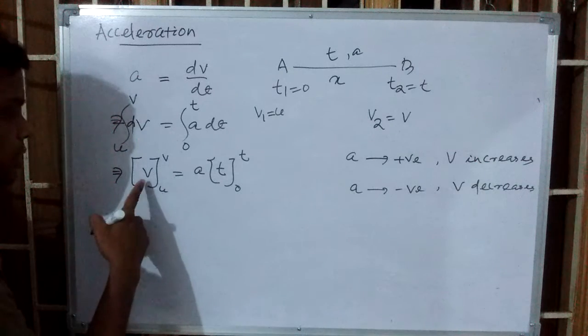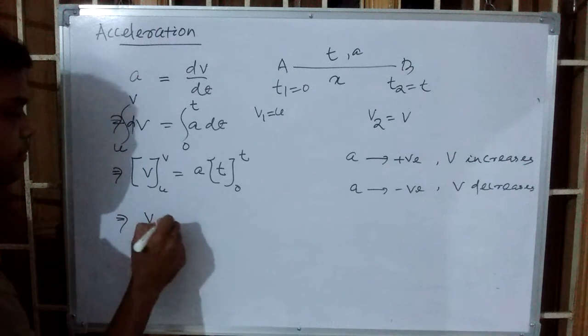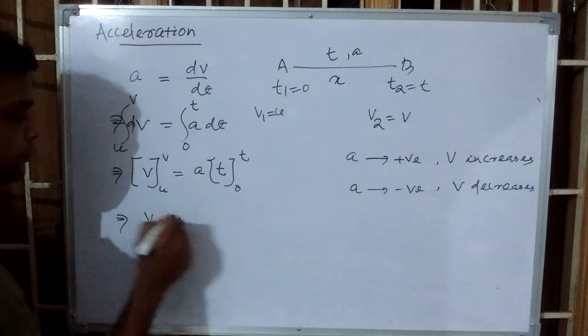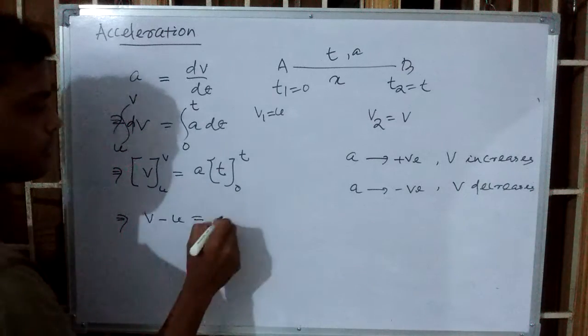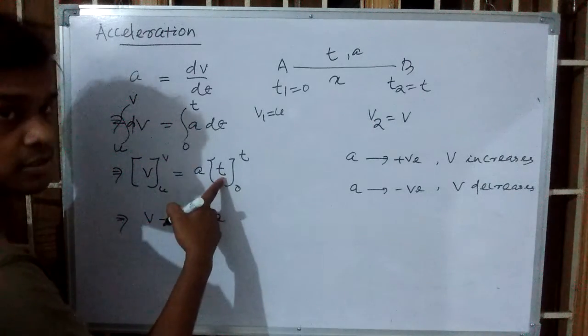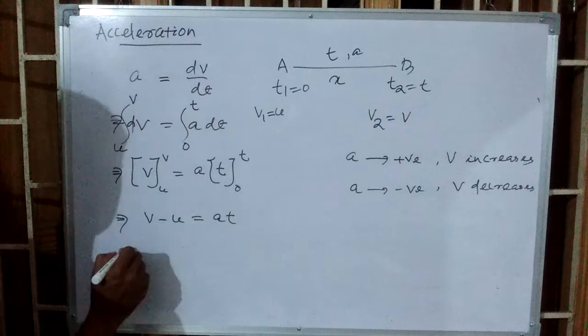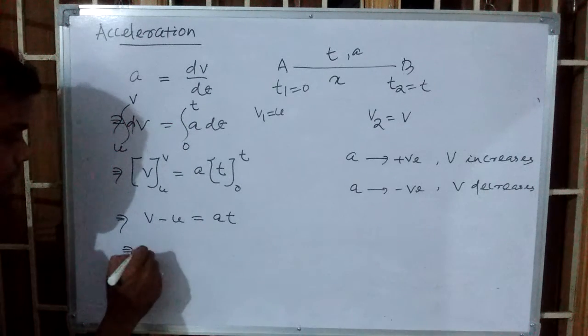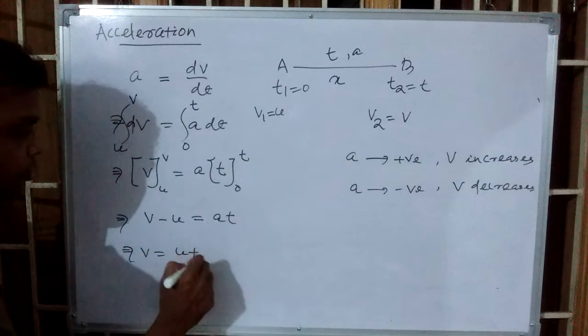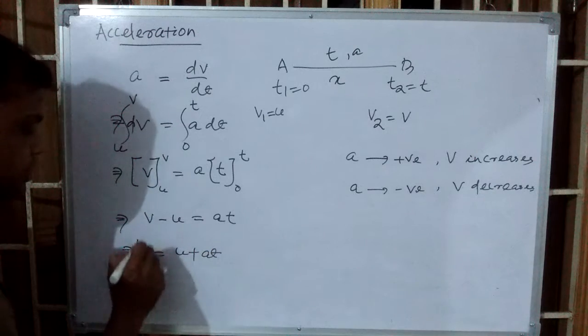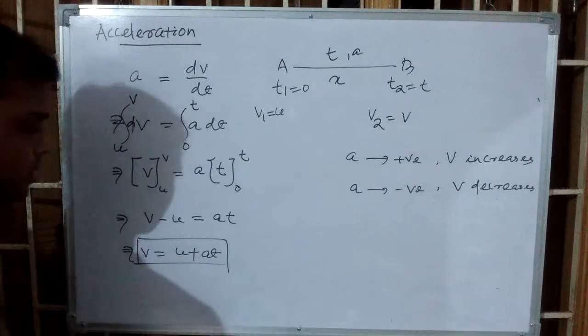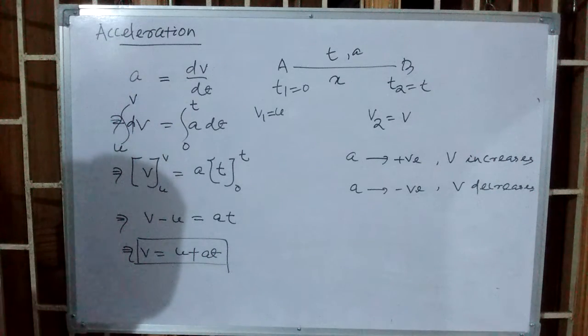Now in place of v, first I will put v minus u. This is equal to a. In place of t, first t, then 0, so it will be simply t. This implies v is equal to u plus at. This is the first kinematics equation. What does it mean?